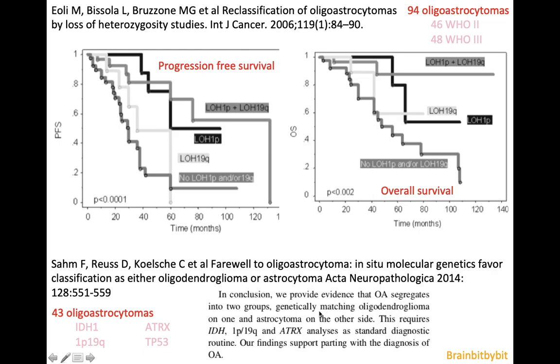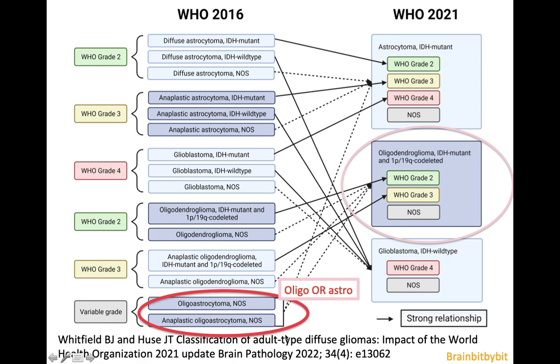So there were already some neuropathologists proposing that we should get rid of the term oligoastrocytoma and choose between either oligodendroglioma or astrocytoma. But to do that, you do need to do molecular diagnostics in all cases.